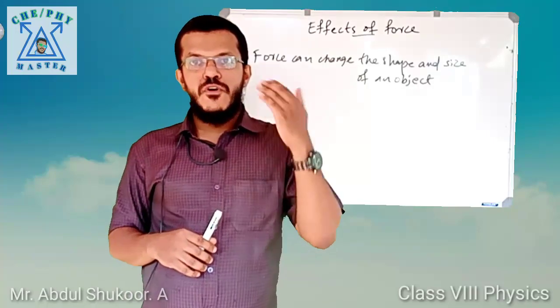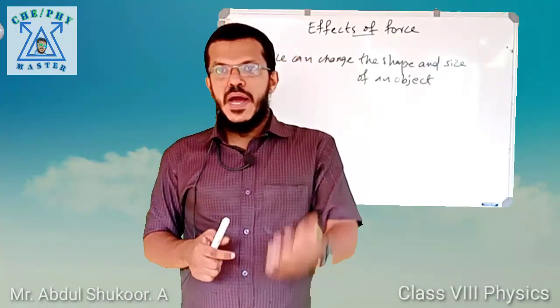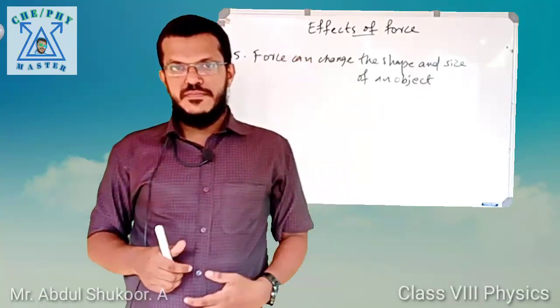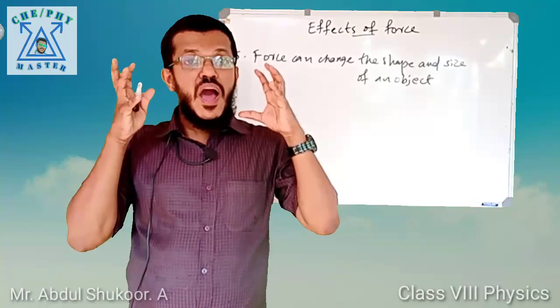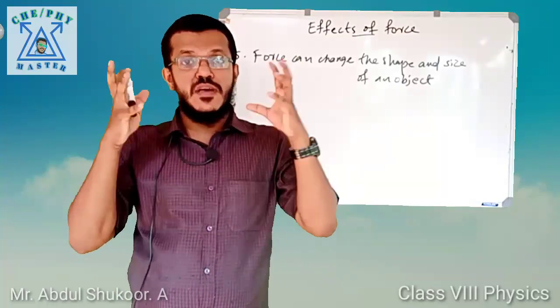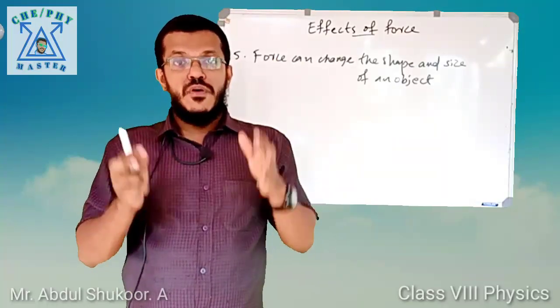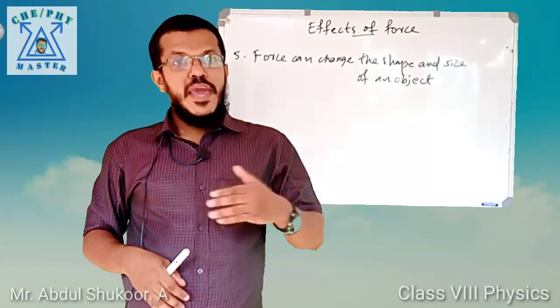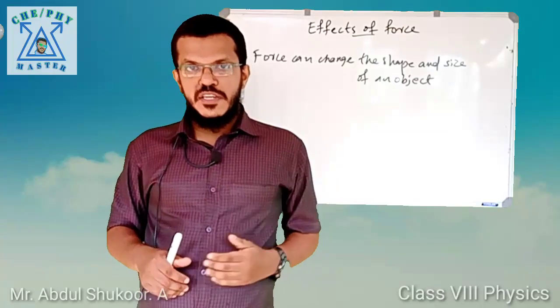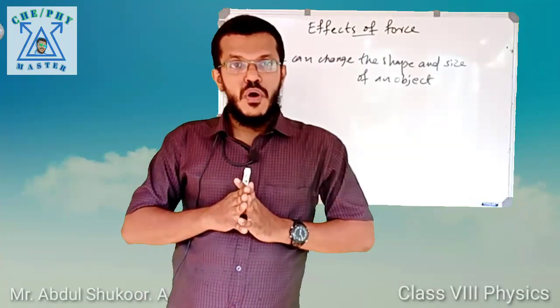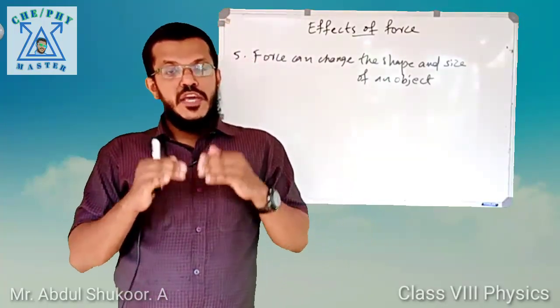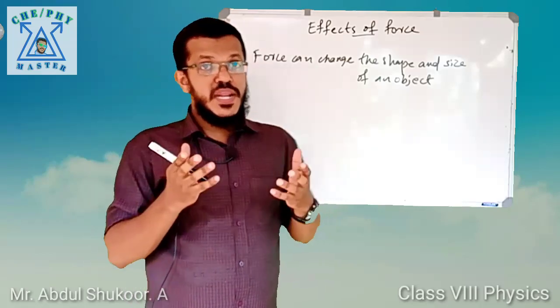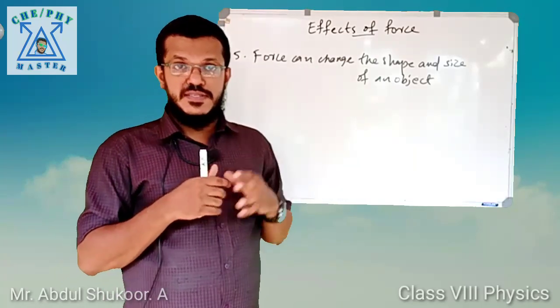And last, force can change the shape and size of an object. These 5 situations are examples of the effects of force that can be done on an object. If you apply force on any type of object, you can experience these types of changes.